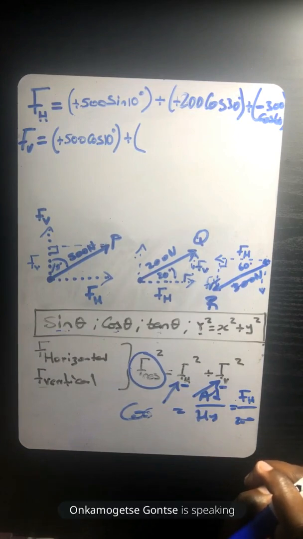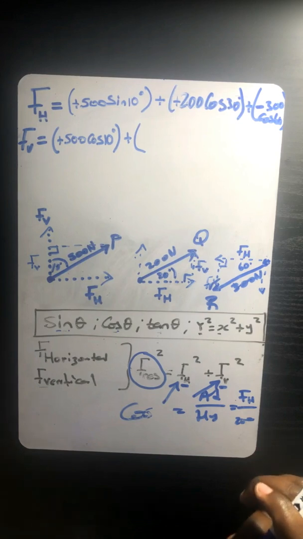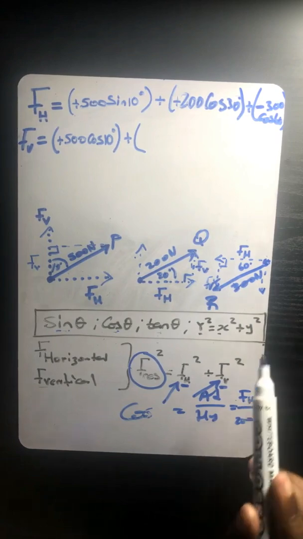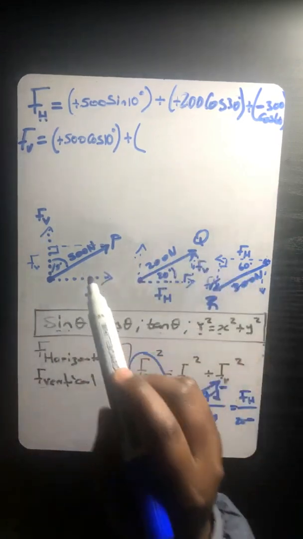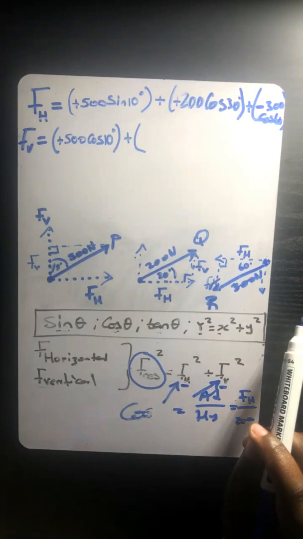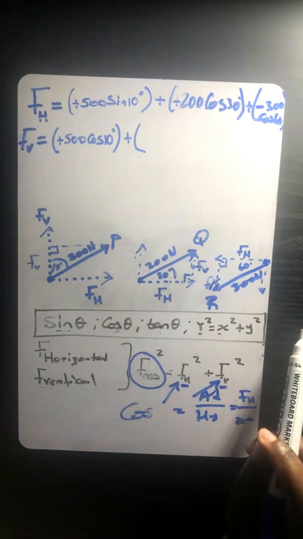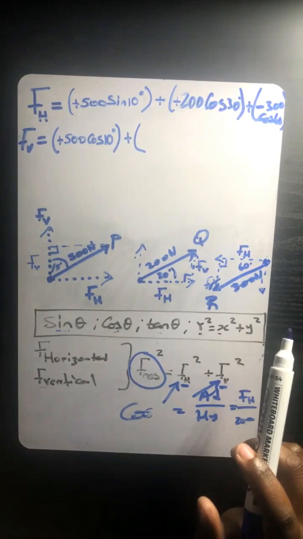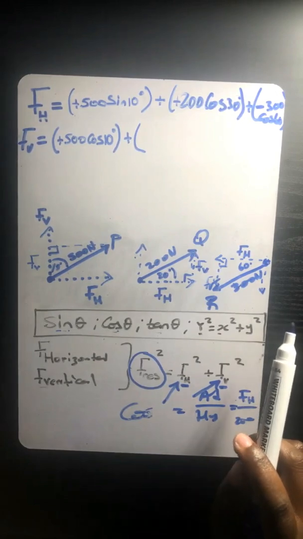I'm still thinking. Okay, so remember, guys, for you to be able to understand this, you must have gone through a lesson for trigonometry. So I'm now noticing that I might need to do a revision on that.